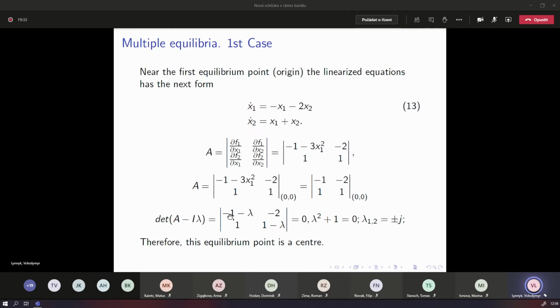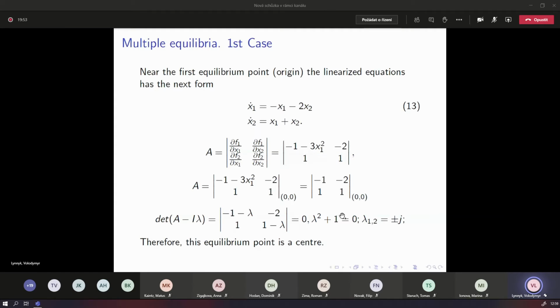We find the eigenvalues: lambda squared plus 1 equal to 0, so lambda 1,2 equal to plus minus j. Therefore, this equilibrium point is a center.